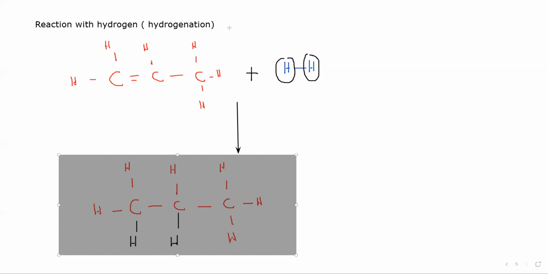So basically, as you can see, it was butene and this is a single bond, so it will turn into butane. So in a general equation, whenever any alkene is reacted with hydrogen, it will turn into alkane.